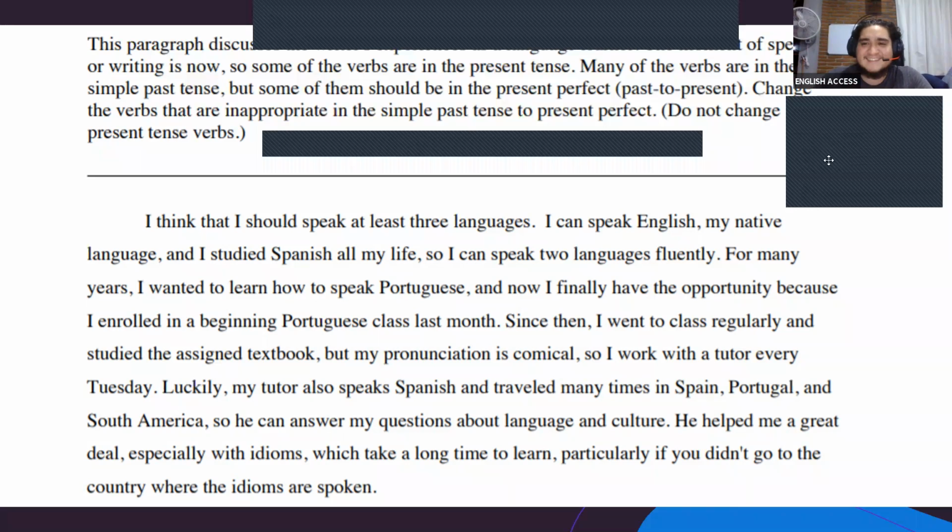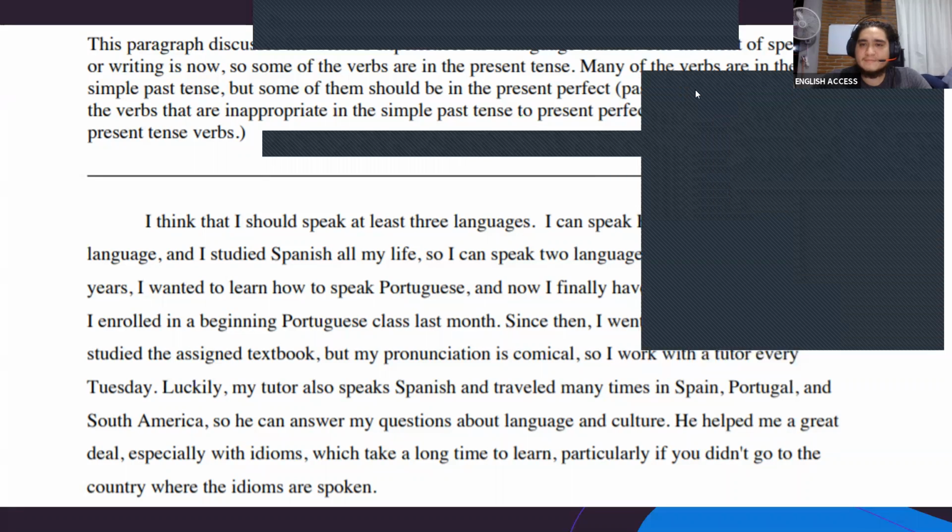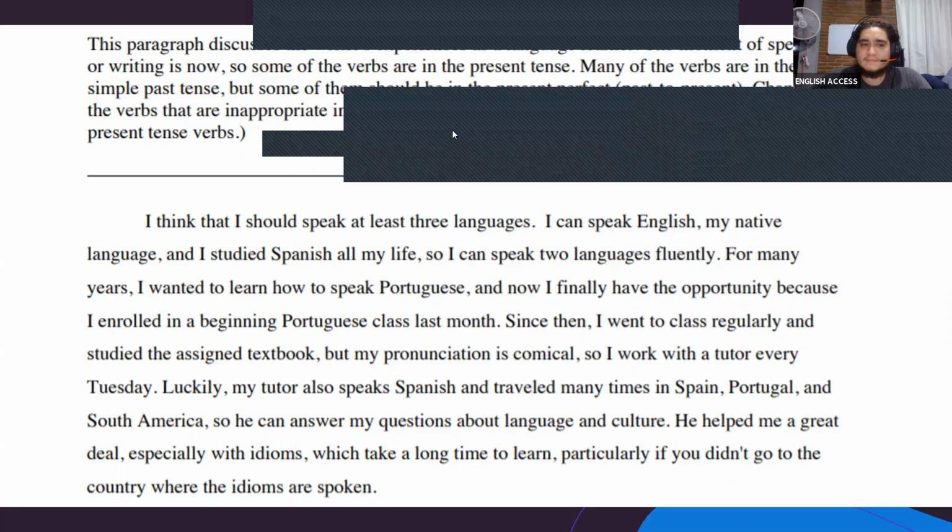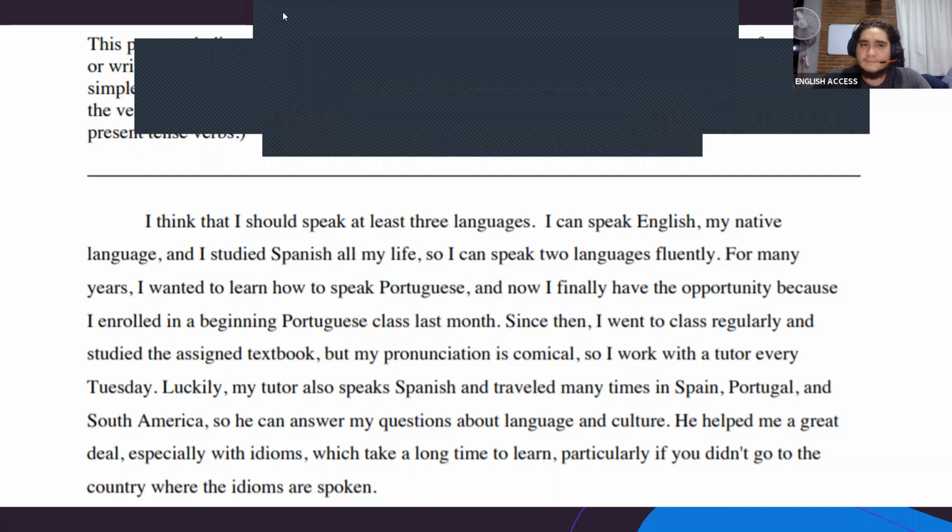Just move things around. Can you still see it? Yes, I can see. Okay, good.